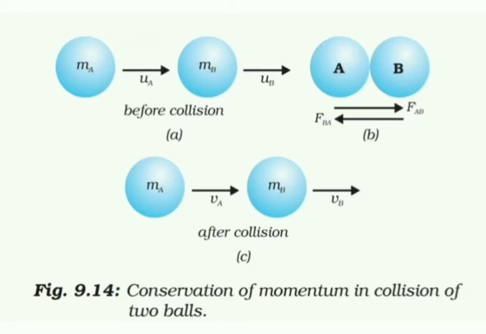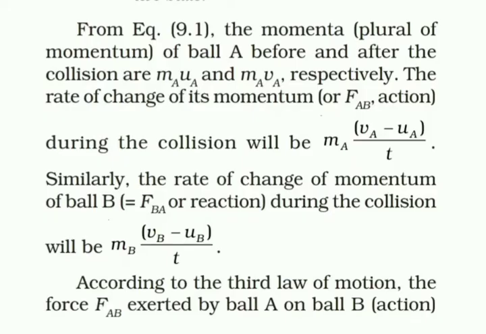Suppose VA and VB are the velocities of the two balls A and B after the collision respectively. From the equation momentum P equals m into V, the momenta of ball A before and after the collision are mA uA and mA vA respectively.